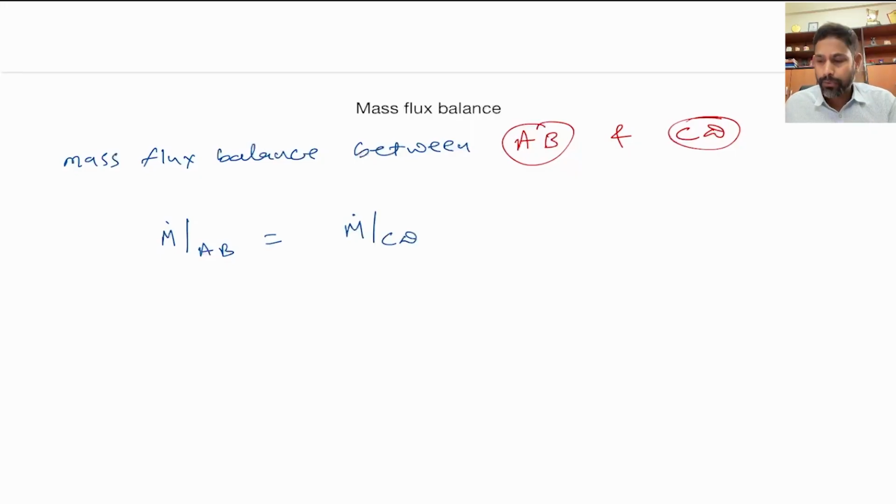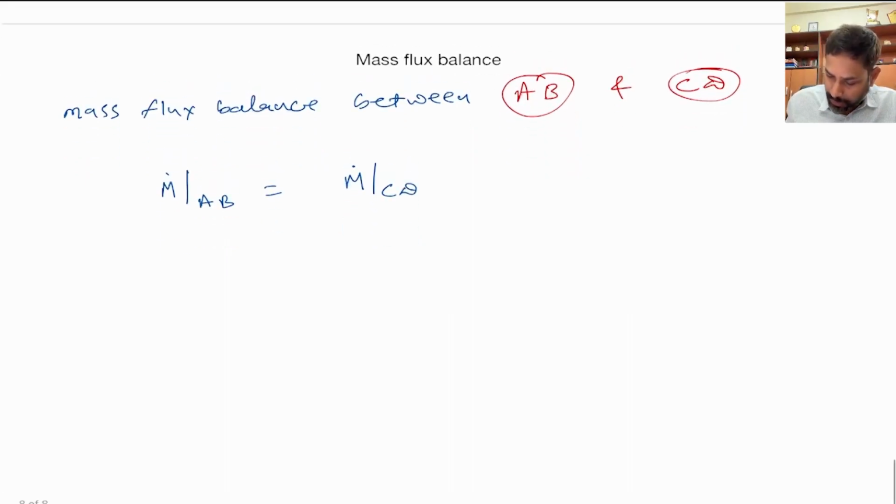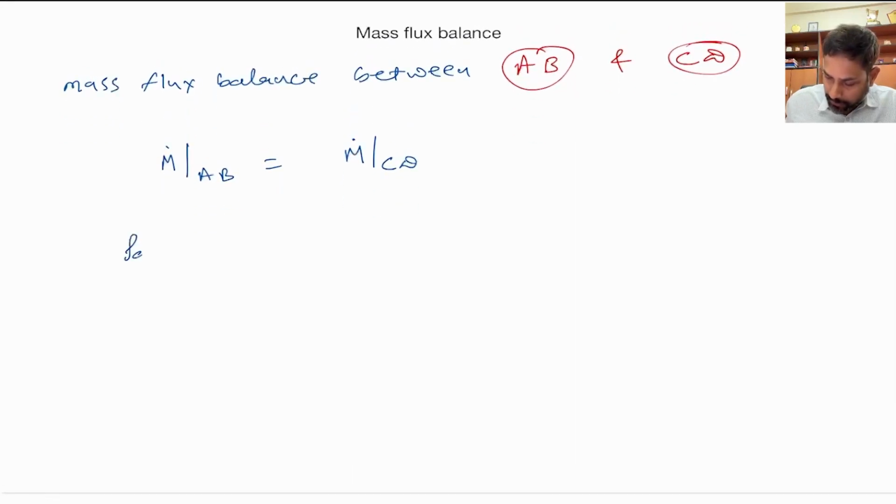How do we find mass flux through this particular section? Through AB, that will simply be density times velocity times area, so rho A times u times height. We are doing it per unit thickness in the third axis, that is into the paper, apart from x and z.